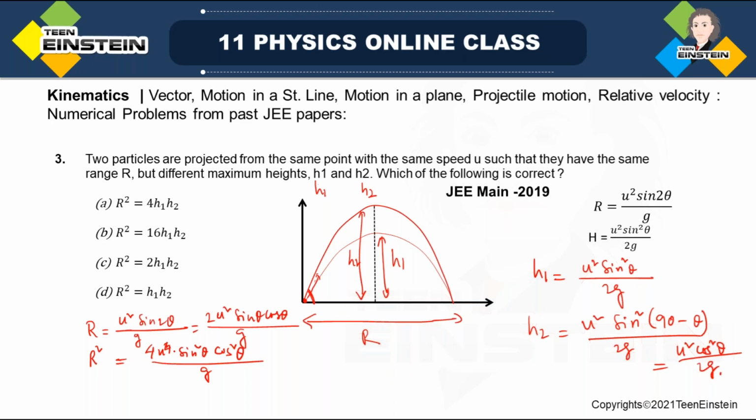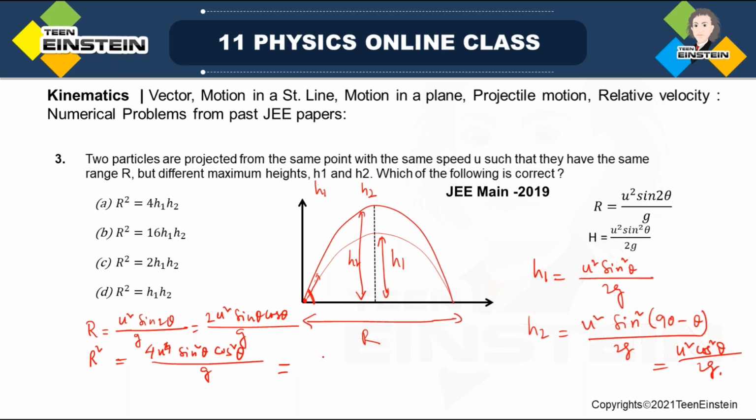Now look, I am trying to write this right hand side in terms of H1 and H2. See, you have here only u square sine square theta, right? So you have to strike this, and in the denominator you have to have H1 and H2, right? So there should be 4g, and here u to the power 4, and these are fine.